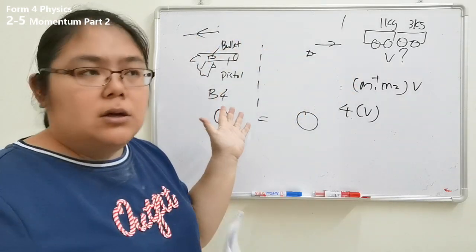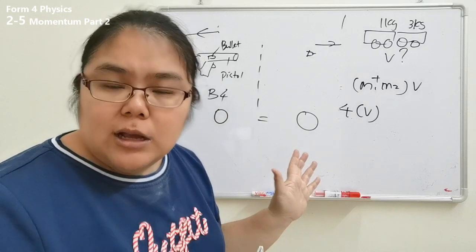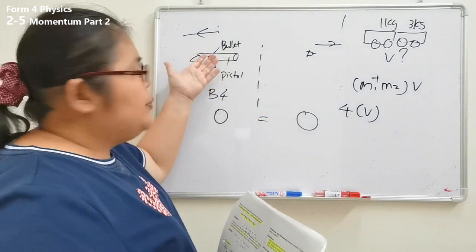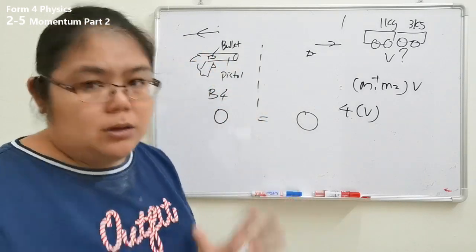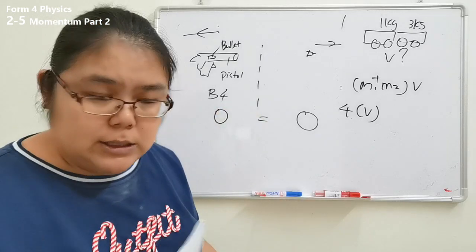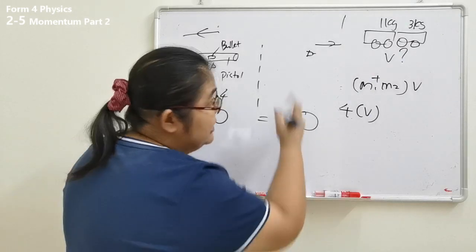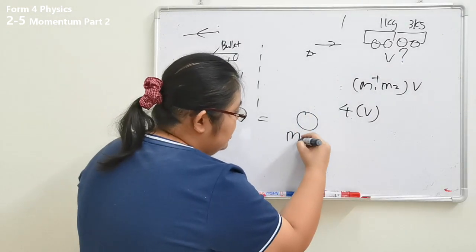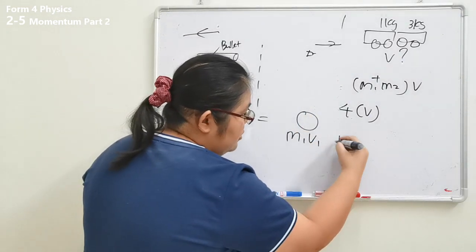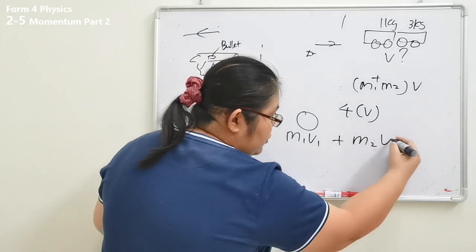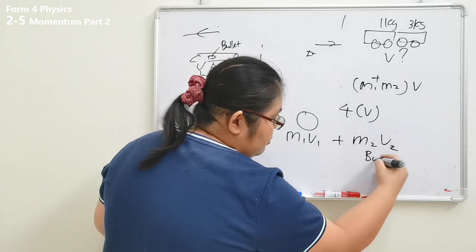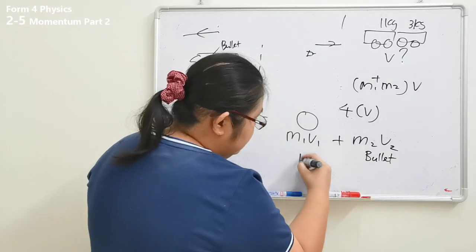Then you ask, if opposite direction, how come the bullet and pistol have the same speed? No, I didn't say the speed is the same. Remember the formula after collision when they separate: m1v1, m2v2. This one is for the bullet, this one for the pistol.